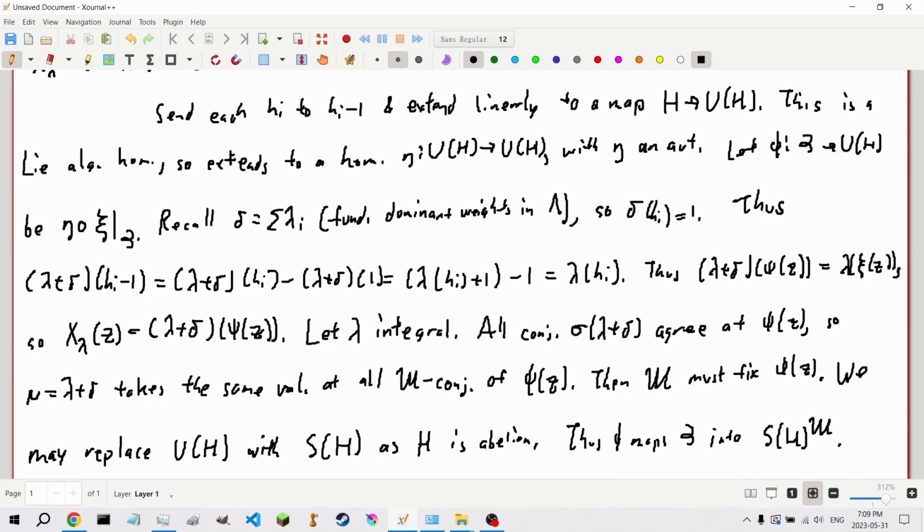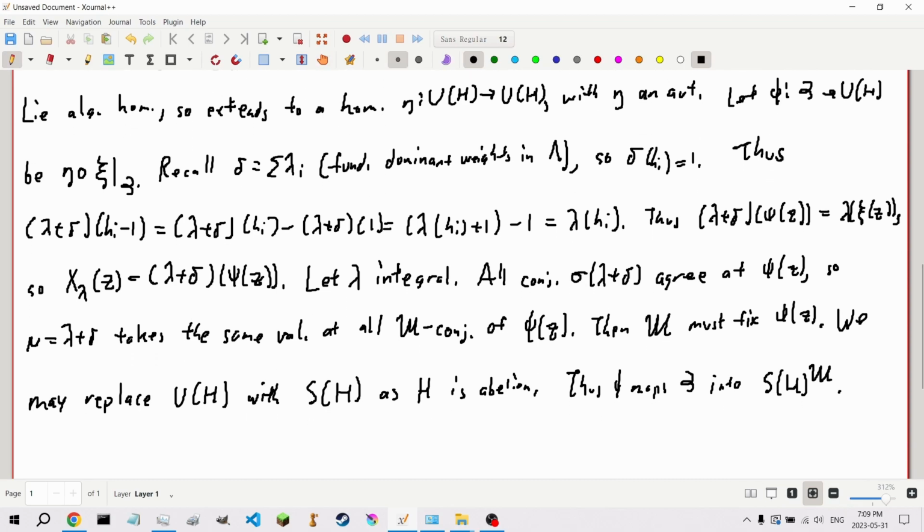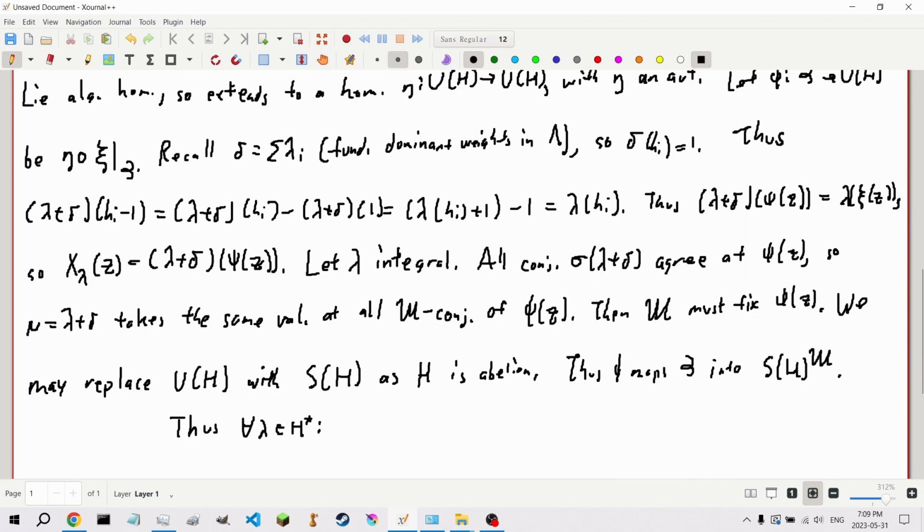Now, from this, we get that for all lambda in the dual of H sub R, chi lambda of z is lambda plus delta of psi of z for z in this.